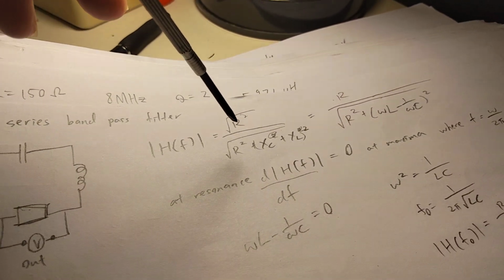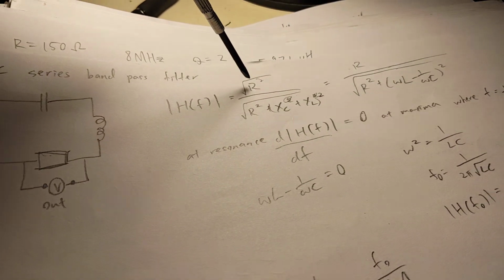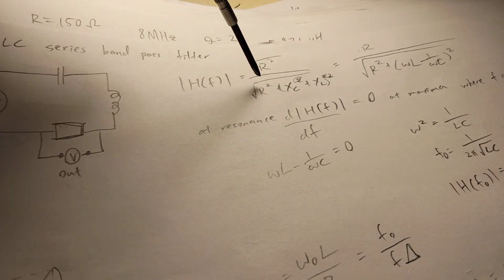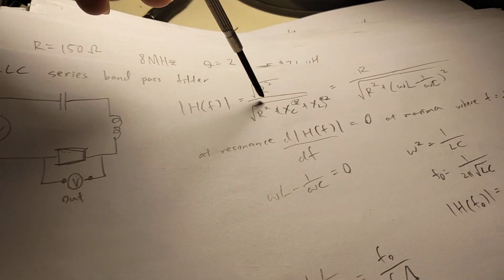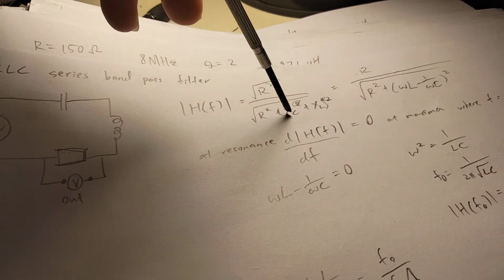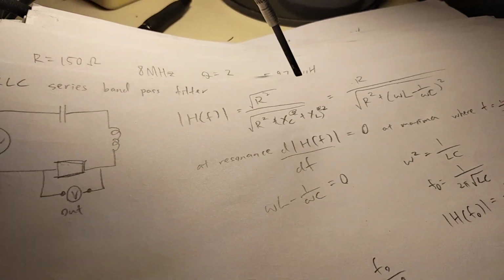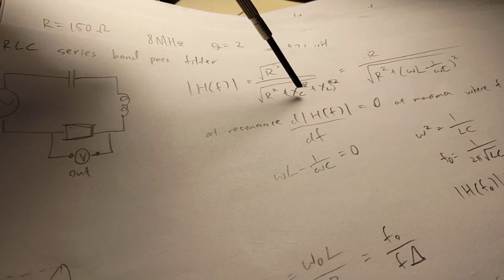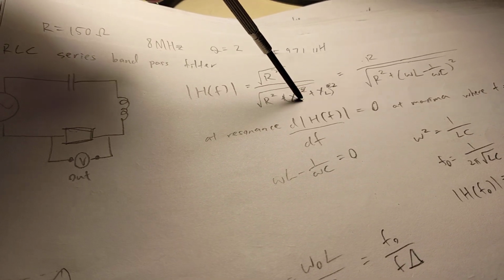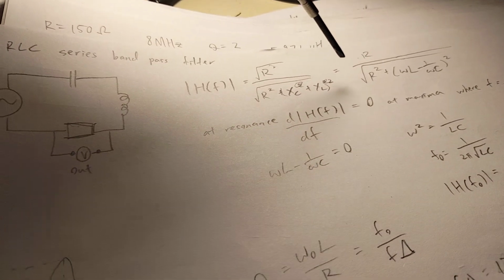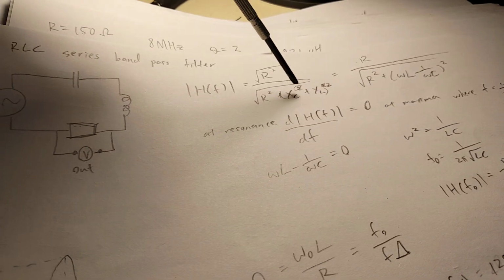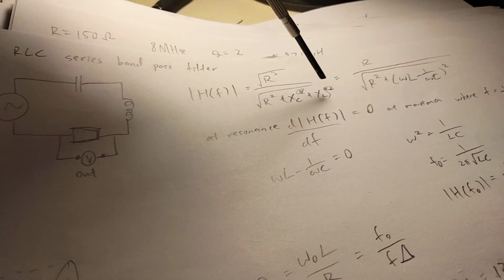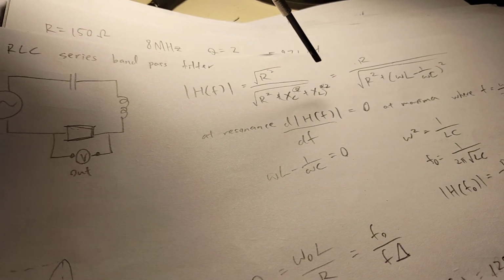So the voltage across the resistor is going to be the voltage divider equation across the L, C, and R components. The reactance of the capacitor becomes 1 over WC, W being the angular frequency, and the reactance of the inductor is just WL.